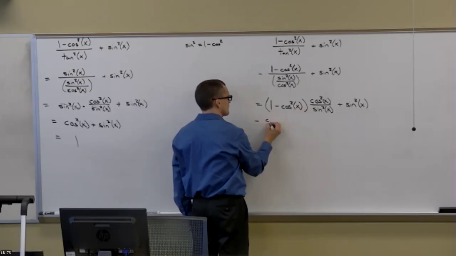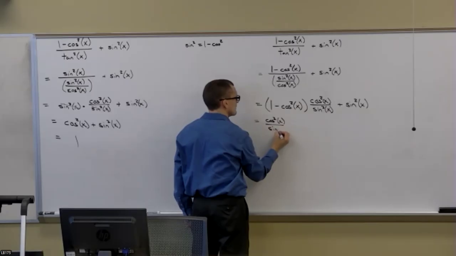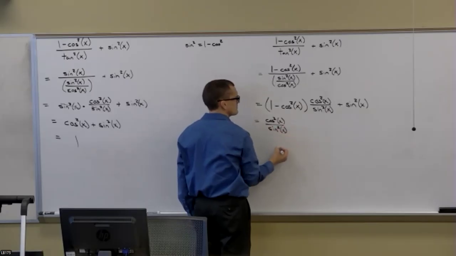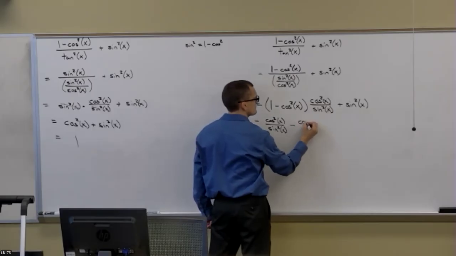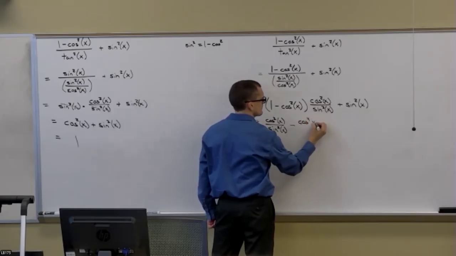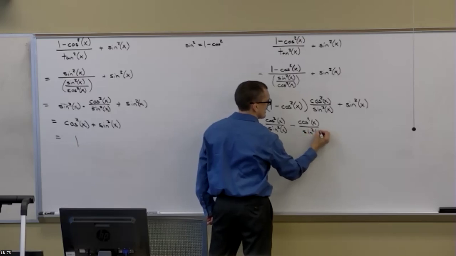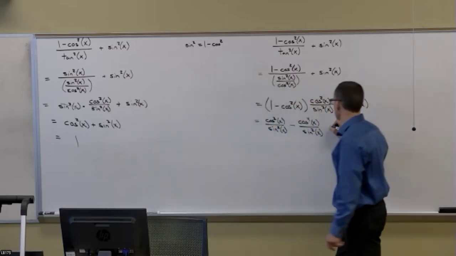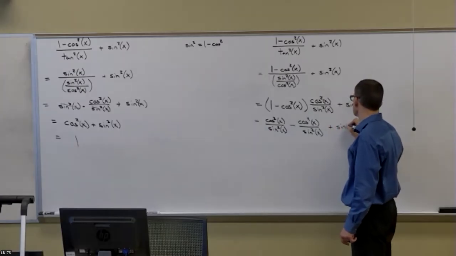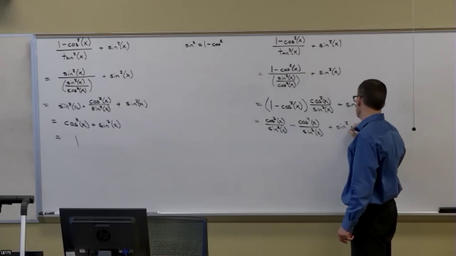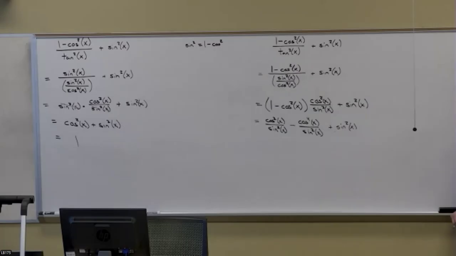So cosine squared of x over sine squared of x minus, this would be cosine to the 4th, over sine squared of x plus sine squared of x over 9. Okay.